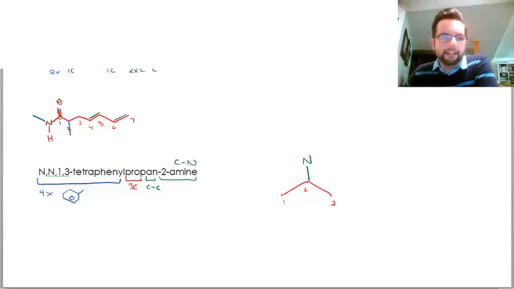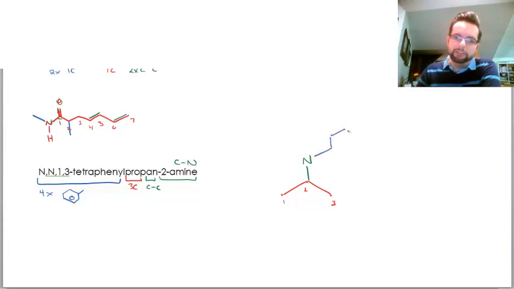Now let's look at our prefix. I've got phenyl groups, so these benzene rings. I've got 4 of them. Now N,N tells me I've got 2 of them attached to the nitrogen. So let me draw those in. So there's my nitrogen. I've got a phenyl group, my benzene ring, attached to my nitrogen, and I have another one attached to that nitrogen. But I have 2 more.